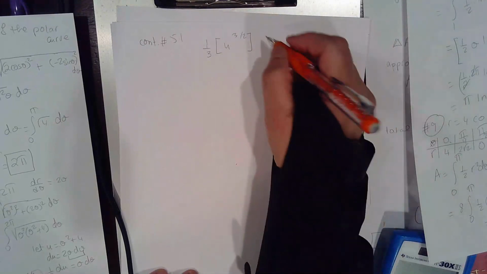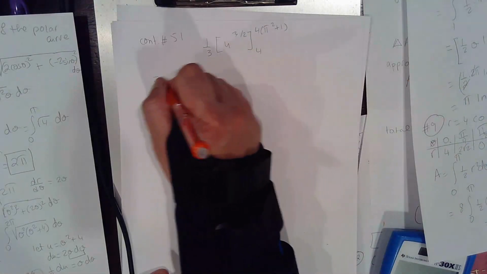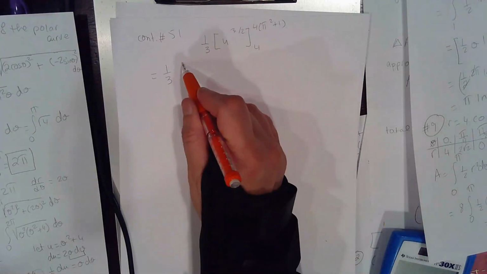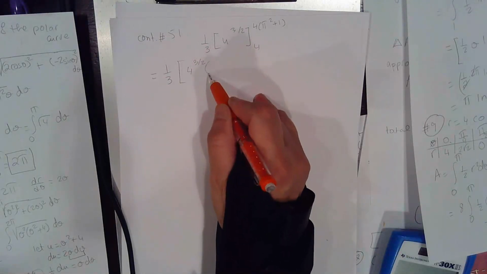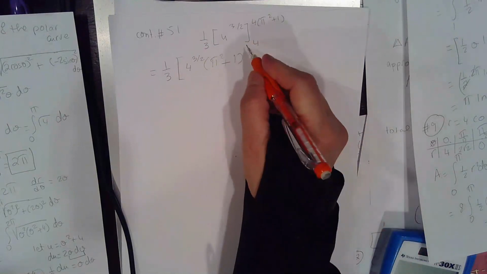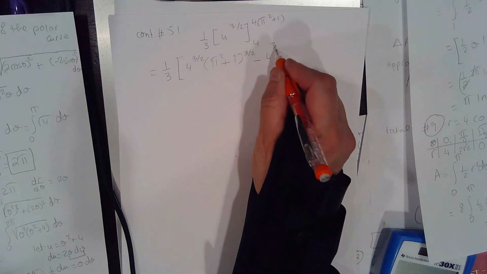So 4 pi squared plus 4 is 4 times pi squared plus 1. This is going to come in handy because we have them both like that. So this becomes 1/3 times 4 to the 3/2 times pi squared plus 1 to the 3/2 minus 4 to the 3/2.